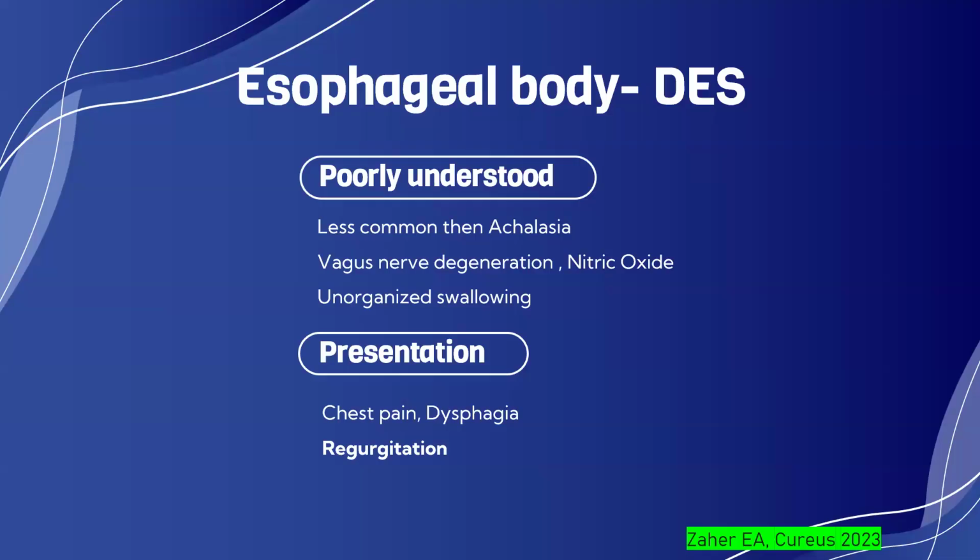For the esophageal body, the diffuse esophageal spasm is thought to be a result of imbalance between the nitrergic inhibitory pathway and the cholinergic excitatory pathway, which we saw in physiology.